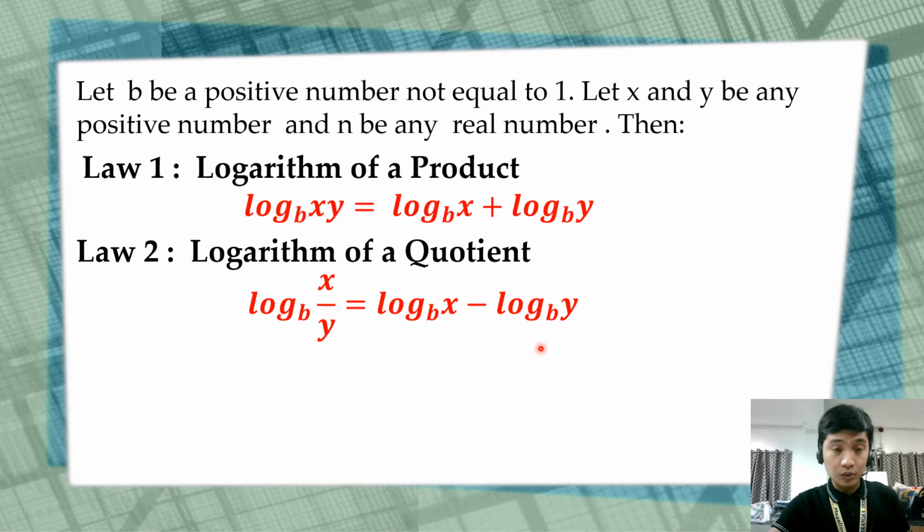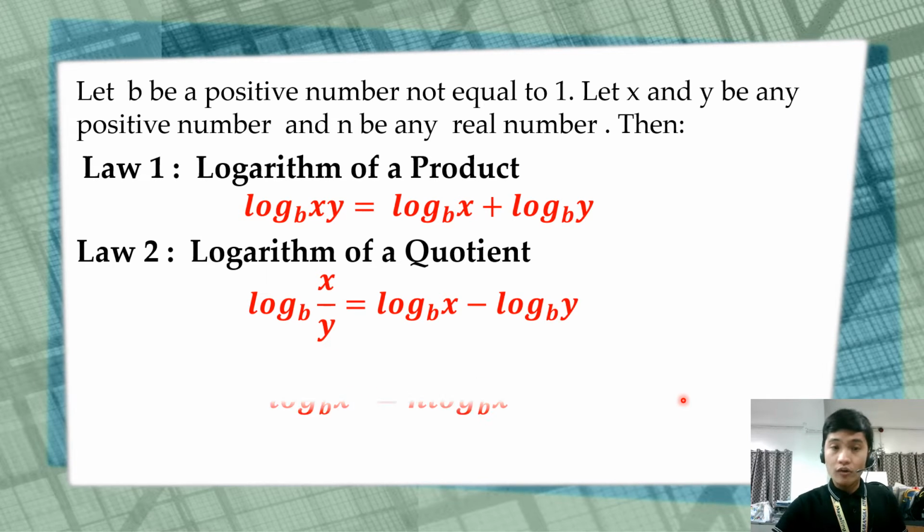The only logic we need to remember in the second law is that every time you divide two positive numbers and correlate it to a logarithmic expression, we get the difference of the numerator and the denominator. In short, the logarithm of x over y base b is equal to logarithm of x base b, that's the numerator, minus logarithm of y base b, that is our denominator. That is the second law of logarithm.